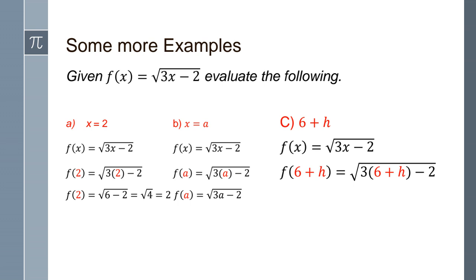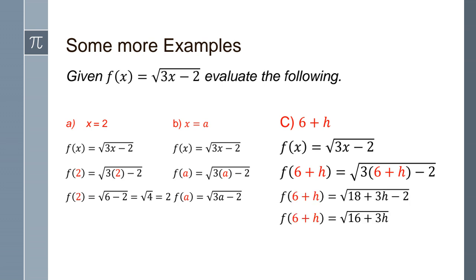So 3 times 6 is 18. 3 times h is 3h. We have that minus 2. So we want to combine like terms. We have two constant terms that are just numbers, so we can combine them. 18 minus 2 is 16. So the answer for evaluating the function at x equals 6 plus h is just going to be the square root of 16 plus 3h. Okay, and this would be my y value that comes out.